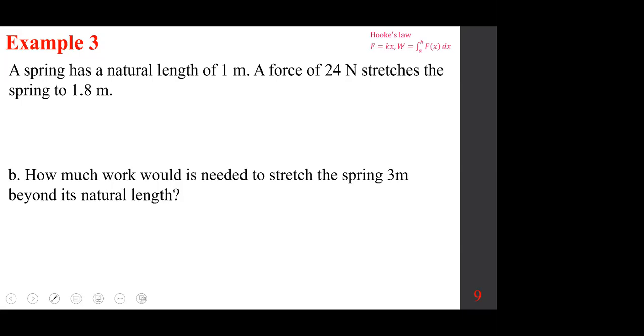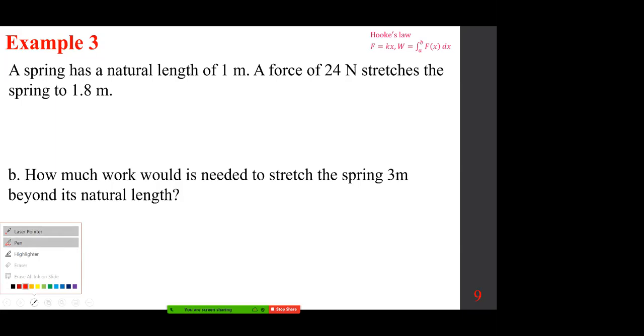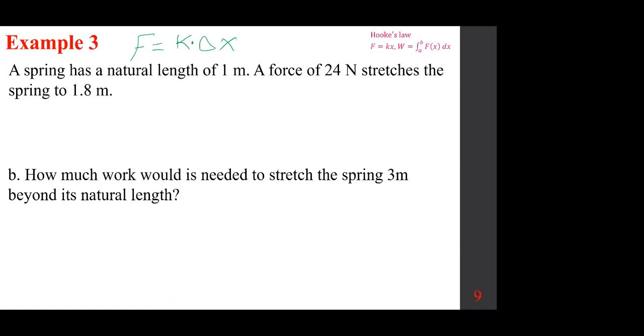Now, it is important to know that it is the change, this X, in physics, when we looked at this concept, the formula was as follows, class. F equals K delta X. I don't know if anybody remembers that. Anybody who has studied it in physics. The reason they use delta X is that delta X refers to the change in X. In essence, it's not the dx and delta X we use in differentiation.